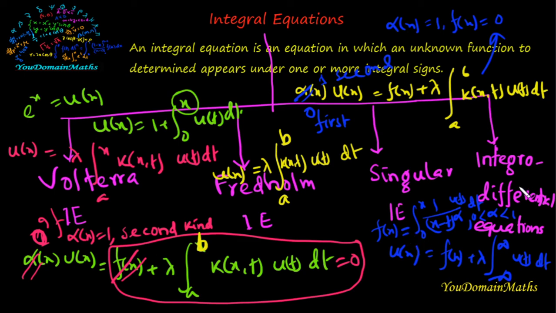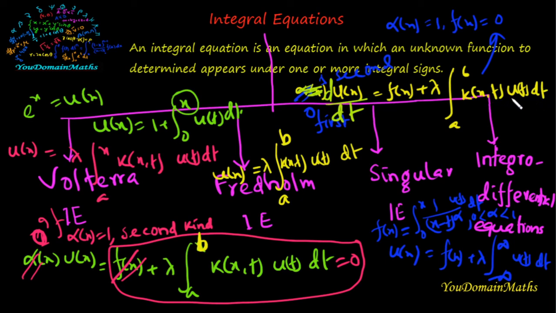Now, integral differential equation. What is an integral differential equation? We cannot write in this space, so we use the previous equation to explain it. If this is absent here, we can write du dt, that means d/dt of u of x equals f of x plus lambda integral from a to b of the kernel K of x comma t times u of t dt.